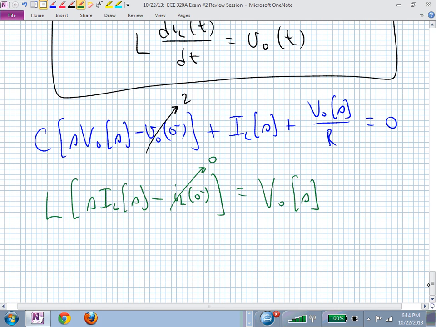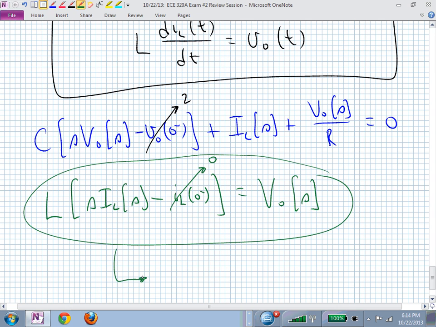And from the second equation, from this expression, we can now solve that for capital I sub L of s. I sub L of s is now 1 over sL times V naught of s, which can be used to get rid of that I sub L of s there.